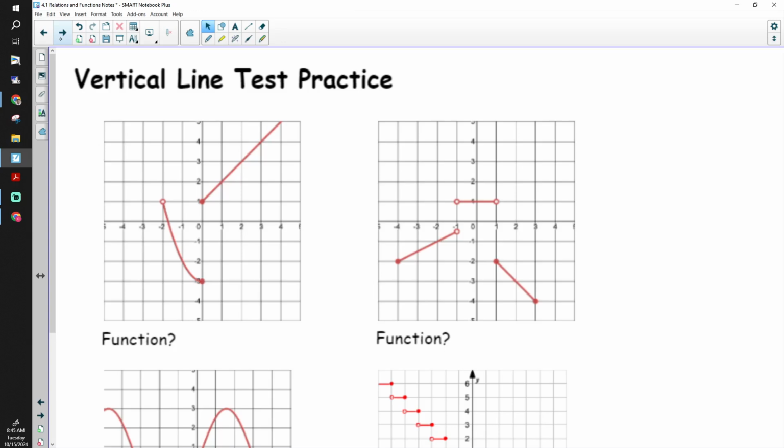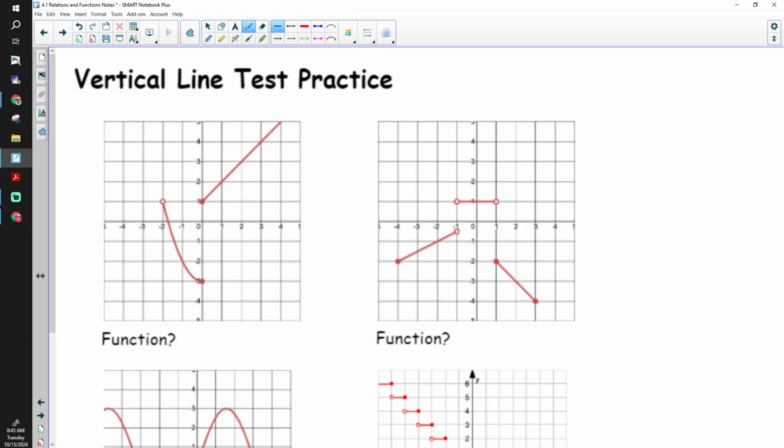There's multiple lines, and looking at the ends of the lines, what do they have? In math we call those circles open points and closed points. So that's something we have to pay special attention to.